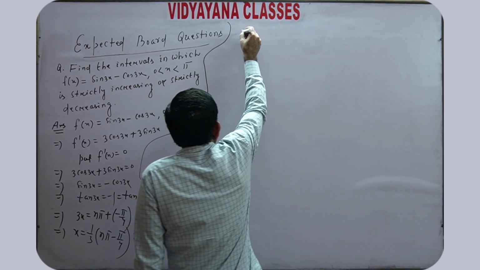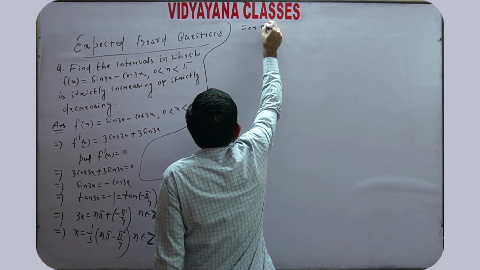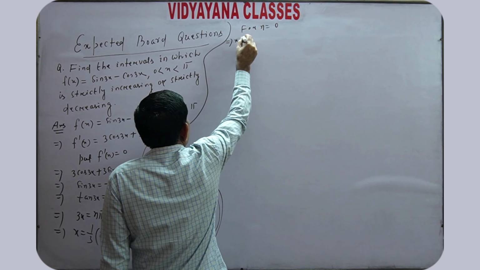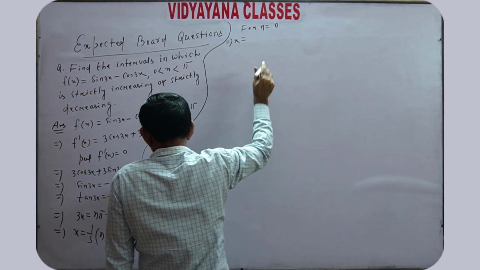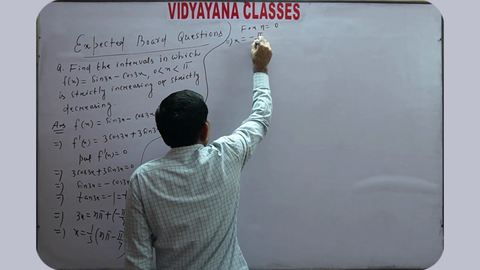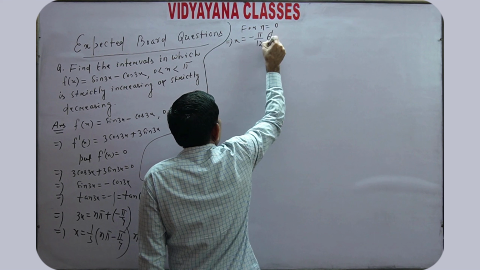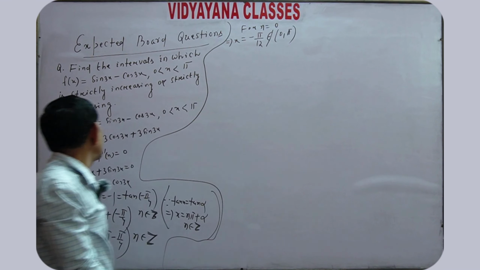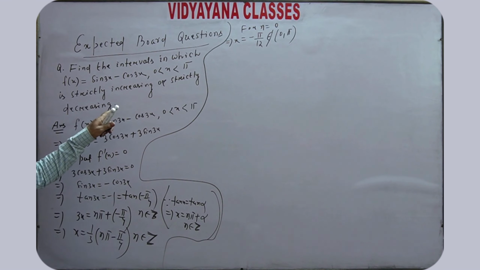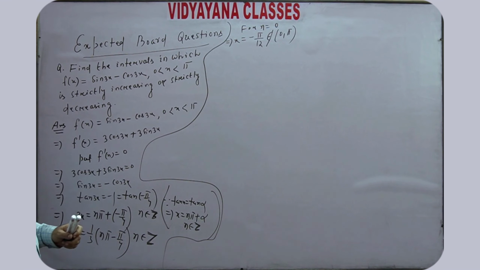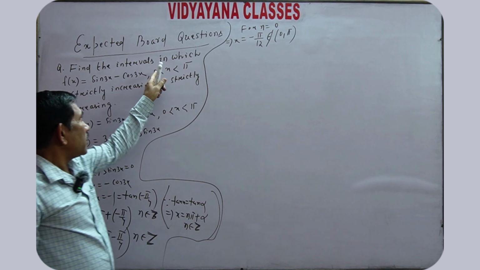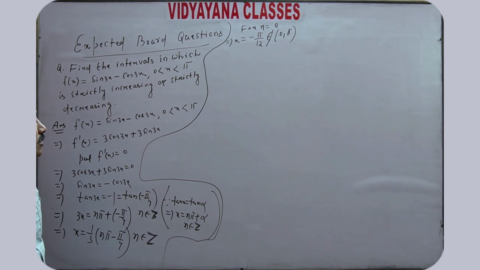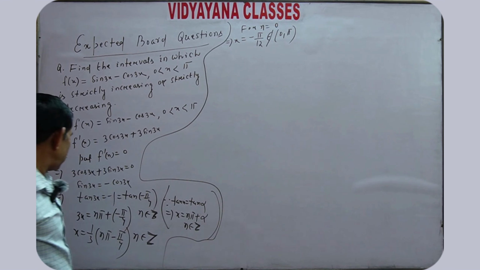For n is equal to 0, x is equal to minus pi by 12, which does not belong to 0 to pi. We have to test the increasing and decreasing in the interval 0 to pi.